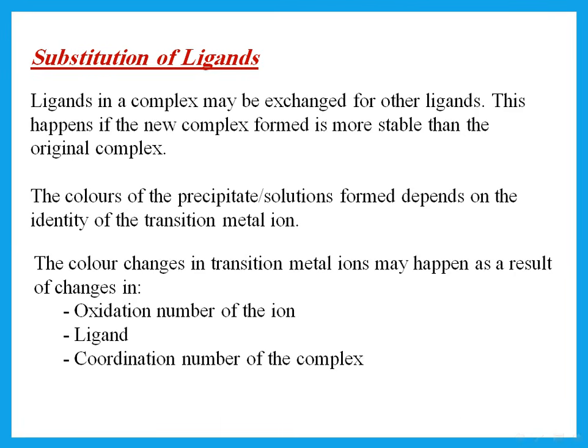So the color changes in transition metal ions may happen as a result of changes in what? If I change the oxidation number of the ion, I get a different color, or if I change the ligand, or if I change the coordination number of the complex.